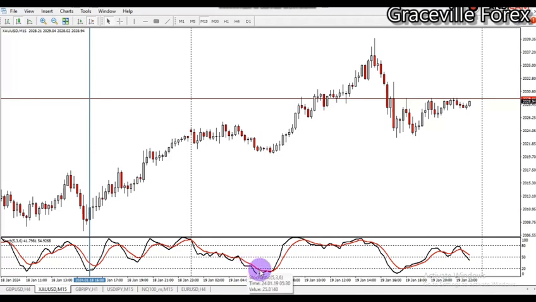Here we have the first oversold position, and this is where we take our entry, because you are looking for a buy. Since you are looking for a buy, we expect the stochastic indicator to push down to the oversold level to show that market price is exhausted and it wants to move in the opposite direction. So this is our entry confirmation.